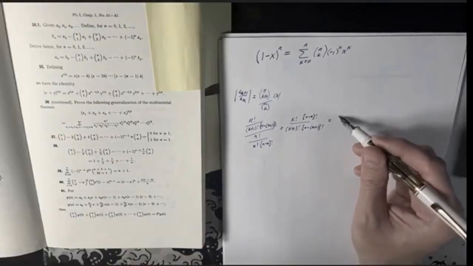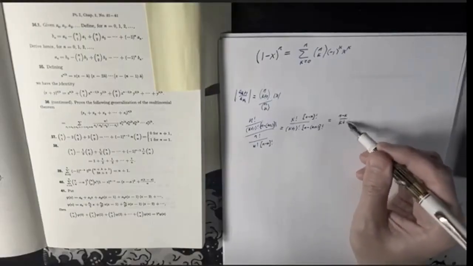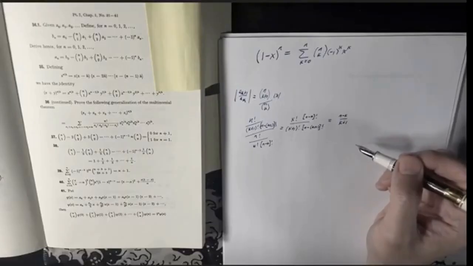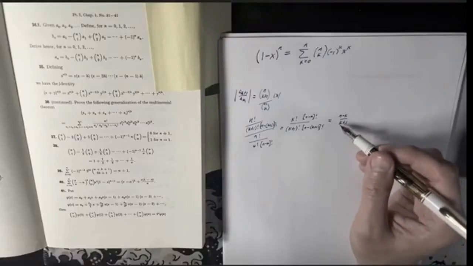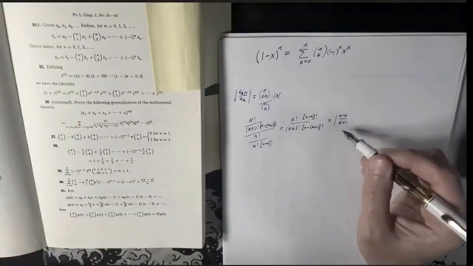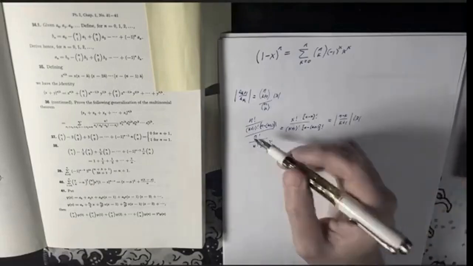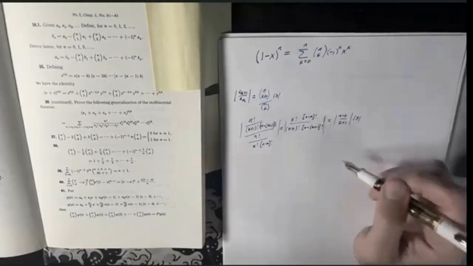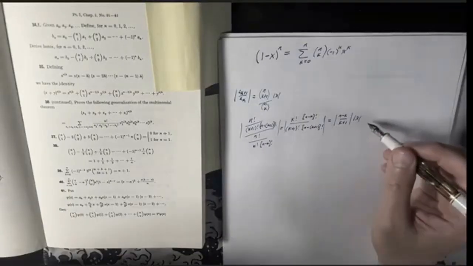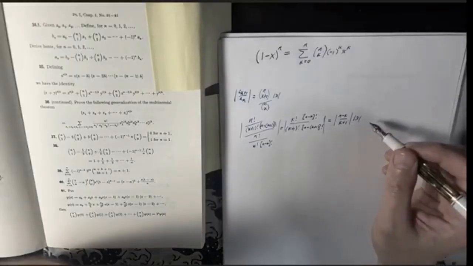So we're getting n minus k over k plus 1, evidently. Okay, and we're taking the absolute value of that. So yeah, I guess it didn't affect anything.